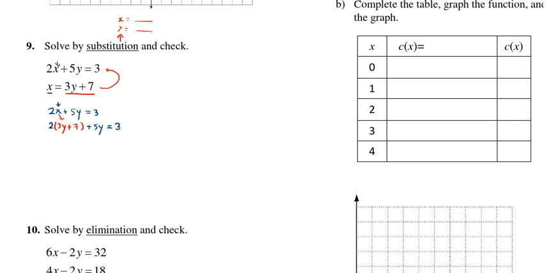So we have here a parenthesis that requires the distributive property, 2 times 3y and 2 times 7. 2 times 3y is 6y, 2 times 7 is 14, and they are positive because positive times positive gives us positive 6y, positive times positive, positive 14, and then we have plus 5y is equal to 3.